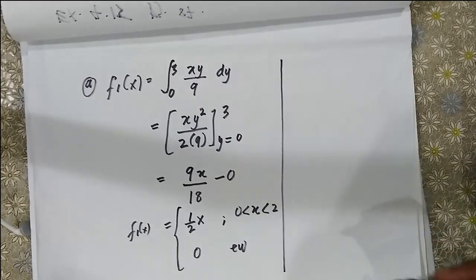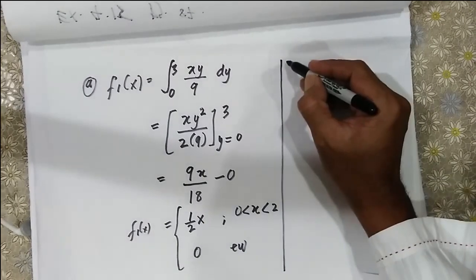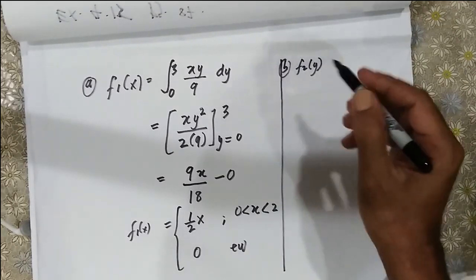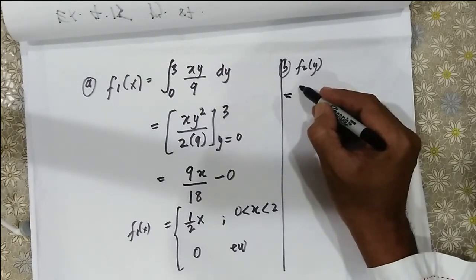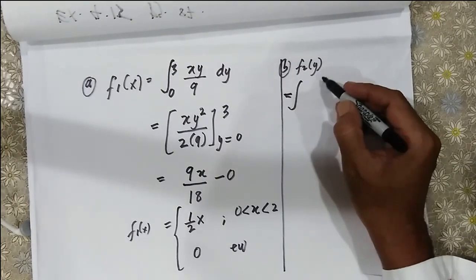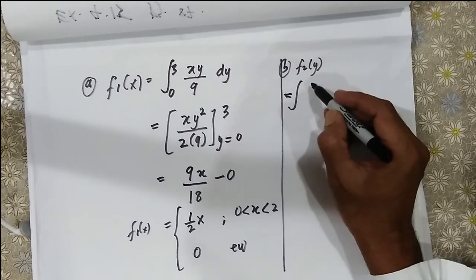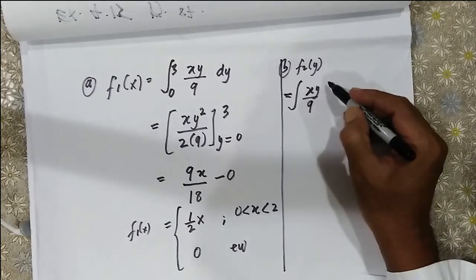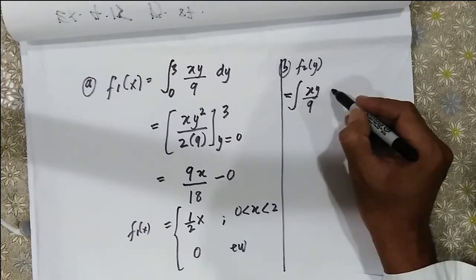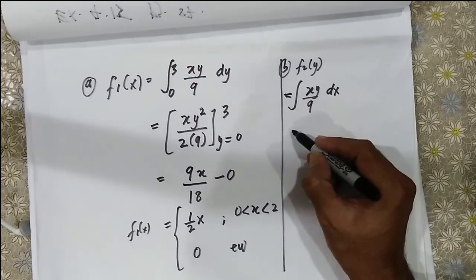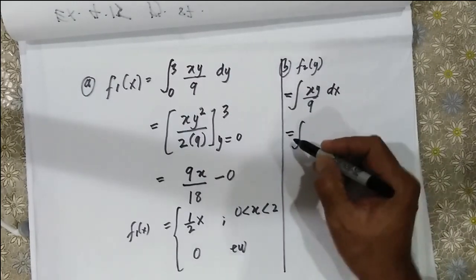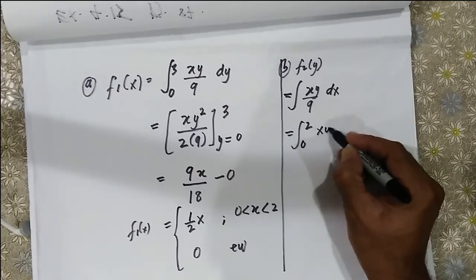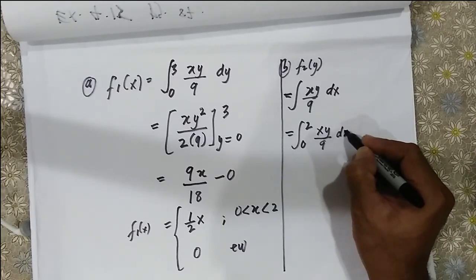Now what about f sub 2 y? By definition, f sub 2 y is the integration of f(x,y), and our f(x,y) is xy over 9. We integrate with respect to x, where the range for x is from 0 to 2, of xy over 9 dx.